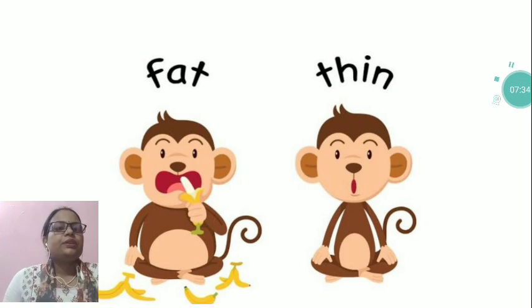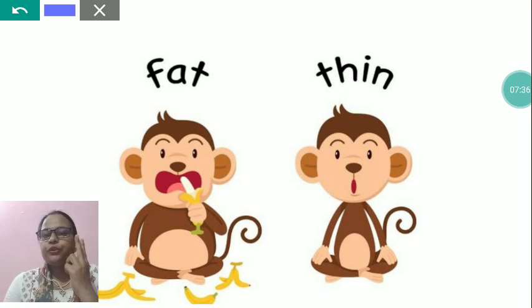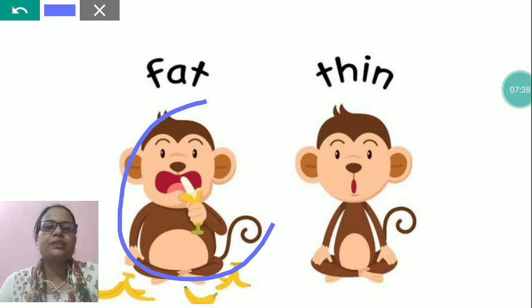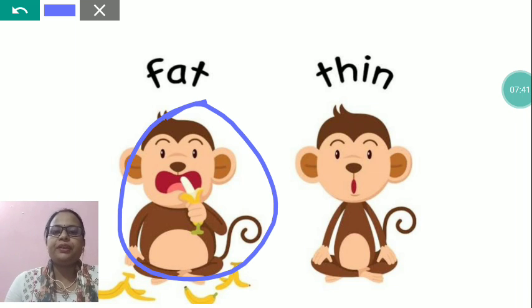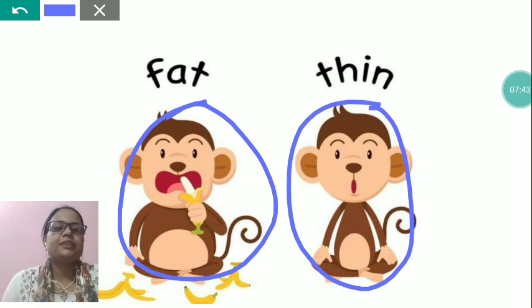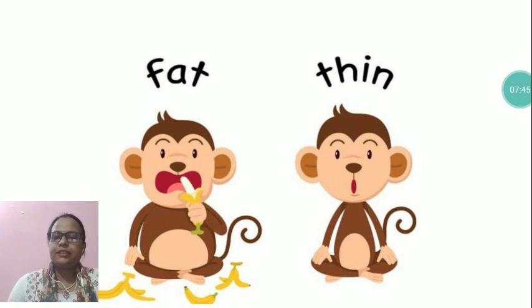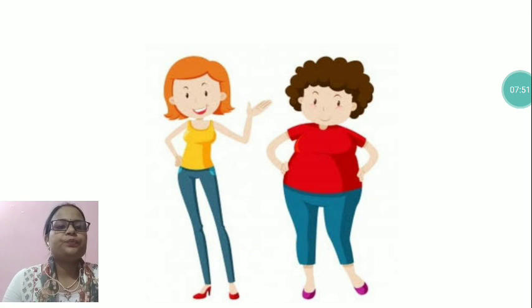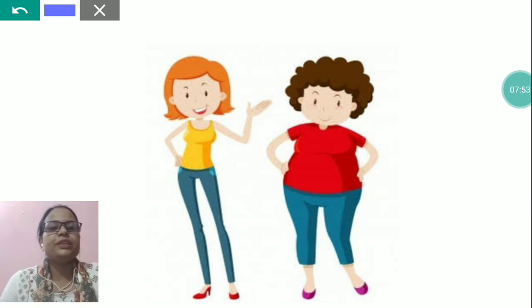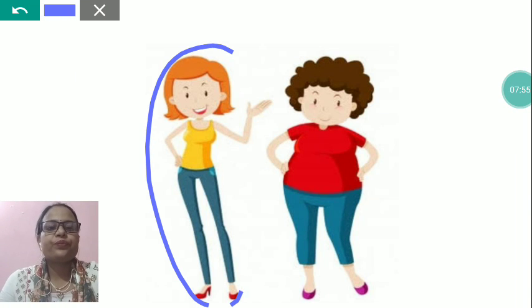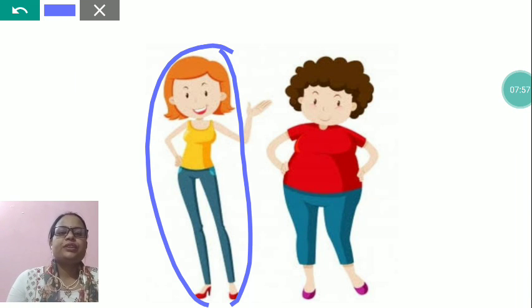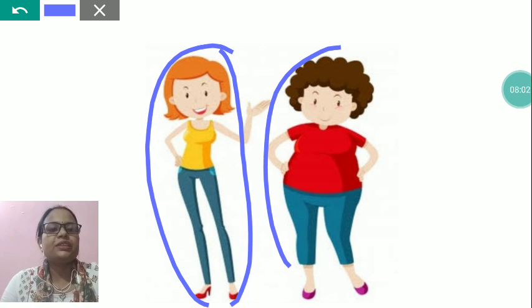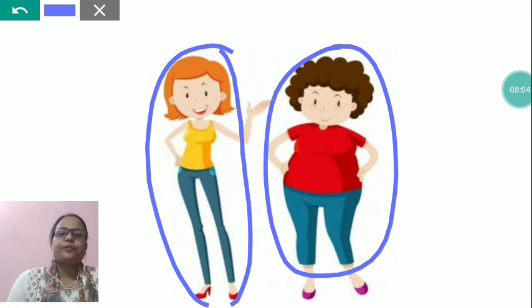Now you can see there are two monkeys. So this is fat, and this is thin. So fat, and the opposite of fat is thin. Now in this picture you can also see this girl, she is thin, but this girl, she is fat.